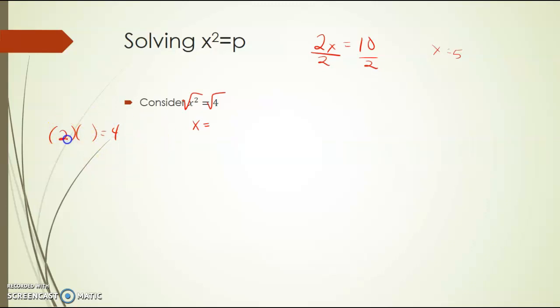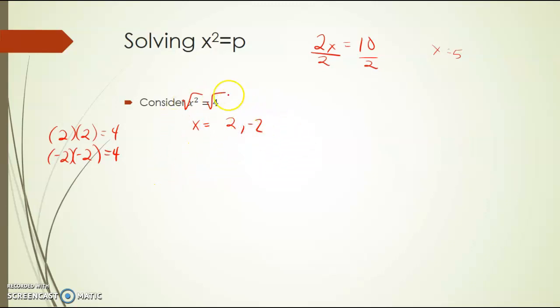Well, 2 times 2. But is that the only answer? What about -2 times -2? That's something times itself, and that equals 4. So when we take the square root of 4, there's both 2 and -2.